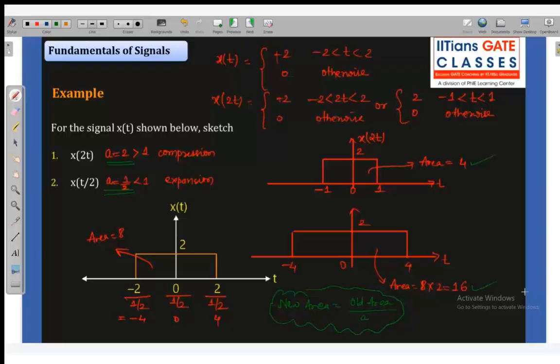So whenever we perform time scaling, the area will change by that factor a. Whether it is expansion or compression, the area will be divided by factor a. If a is greater than 1, the signal is compressed. If a is less than 1, the signal is expanded, and accordingly the area will change.